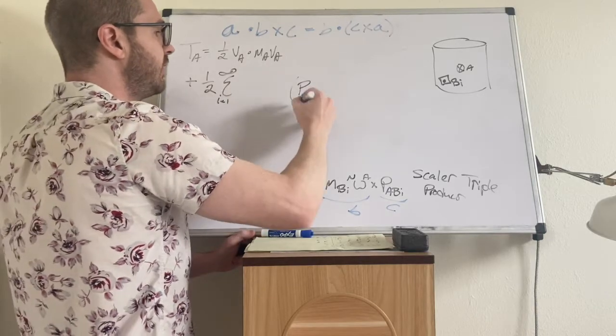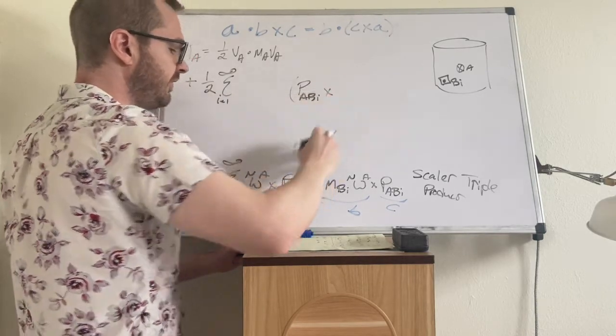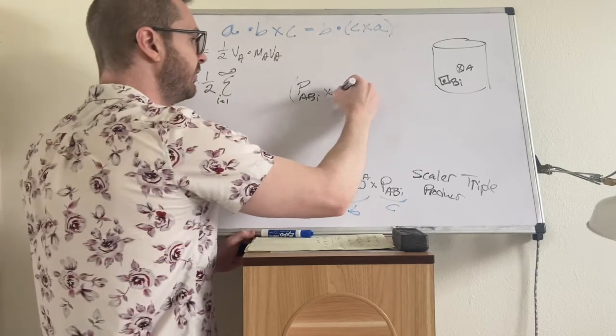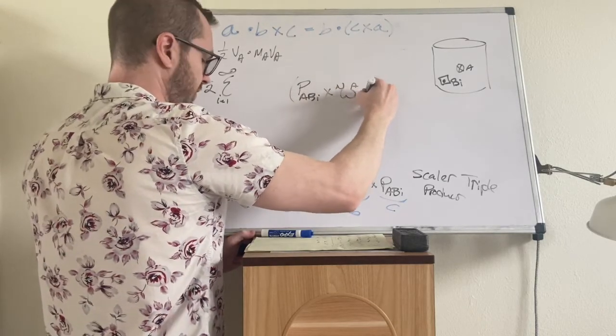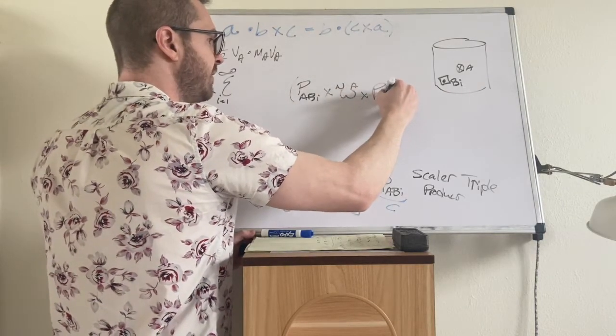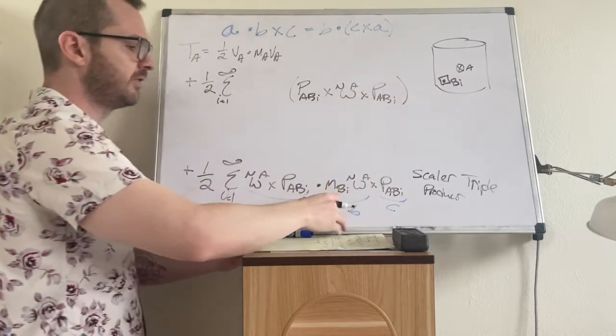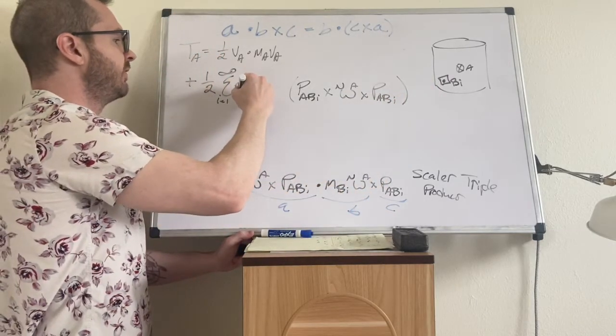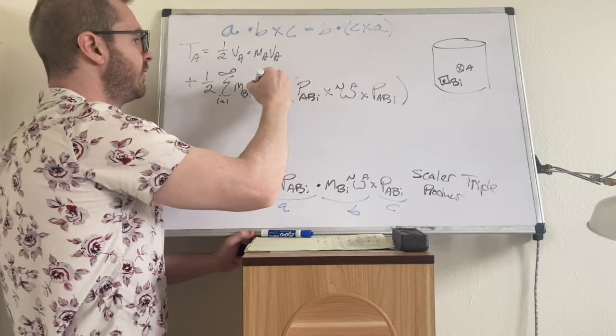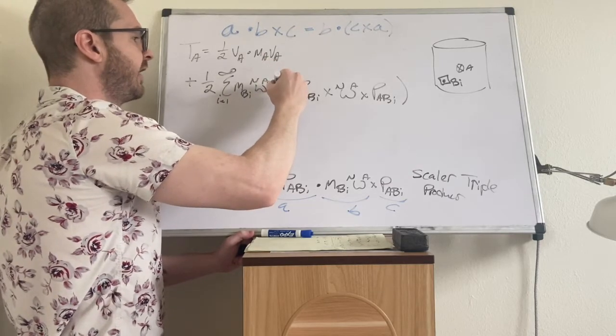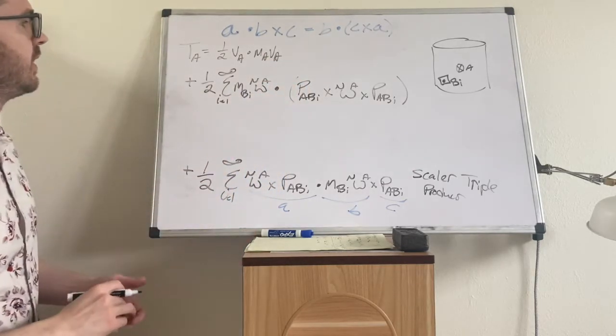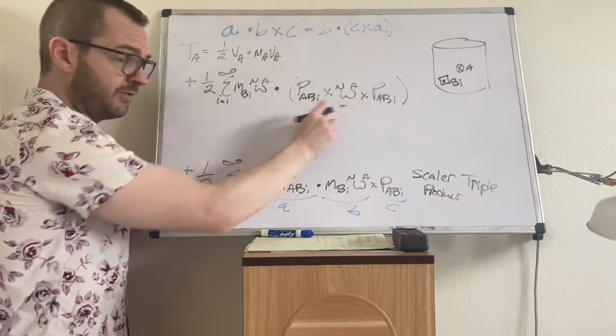So C cross the A term is omega_NA cross P_ABi. And then let's bring up the B. So the B was M_Bi omega_NA dot. And this infinite summation, of course, applies to the whole thing.